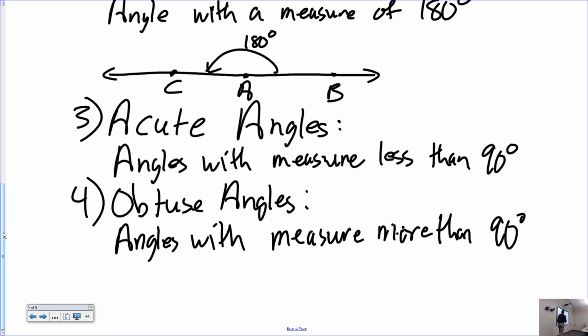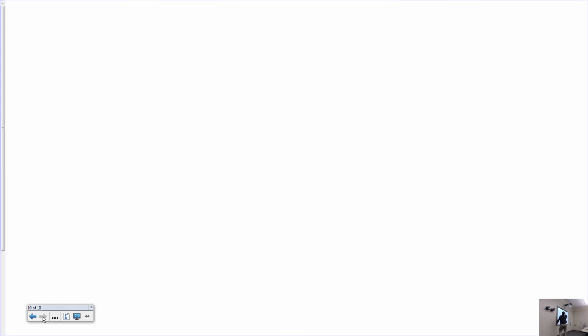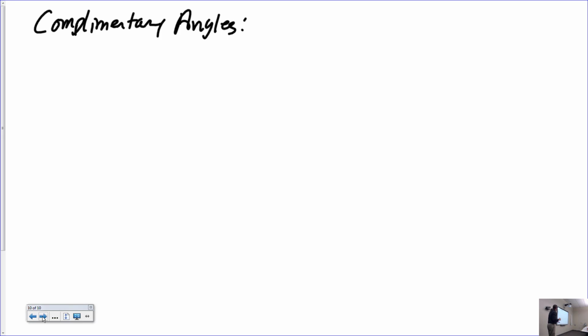Oh, I remember. Complementary angles. What does it mean if an angle complements another angle? It does not mean that it looks over and goes, oh, you have nice lines. That's not the sort of thing that it would do.